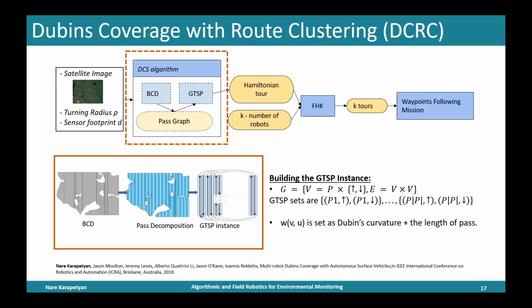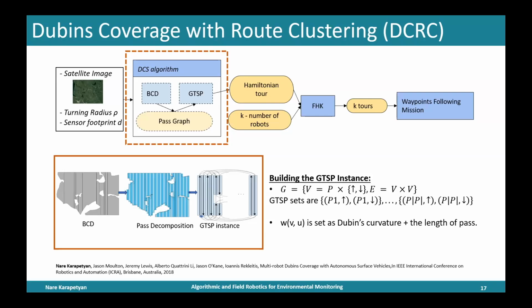If we didn't have the Dubins constraint, at this point we could say that one way to cover this environment is to just go over these passes, no matter which direction we're moving. But because we have the Dubins constraint, it's important to know where we are doing the turns. It might be that going to the next closest pass results in a much larger turning radius, and thus it will increase the cost that we have.